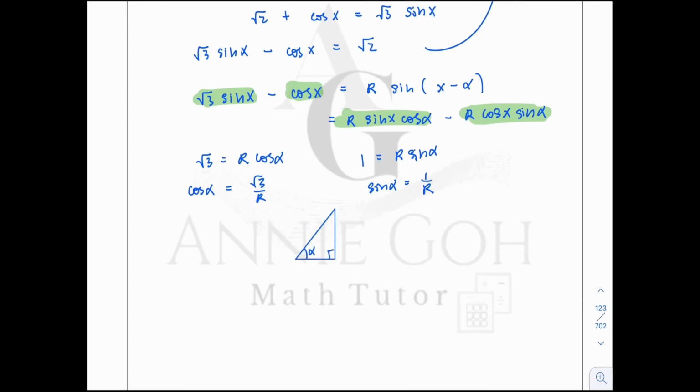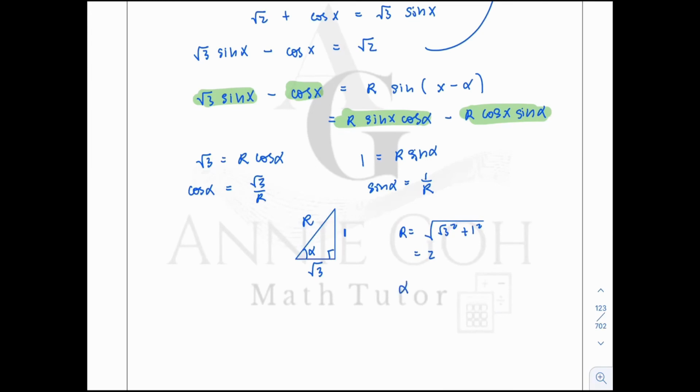So according to the cos ratio, square root 3 should be here, r should be here, and for the sine alpha's ratio, the opposite side should be 1 over the hypotenuse r. So from here, we can find out the r value is the square root of (square root 3) squared plus 1 squared, which is 2.